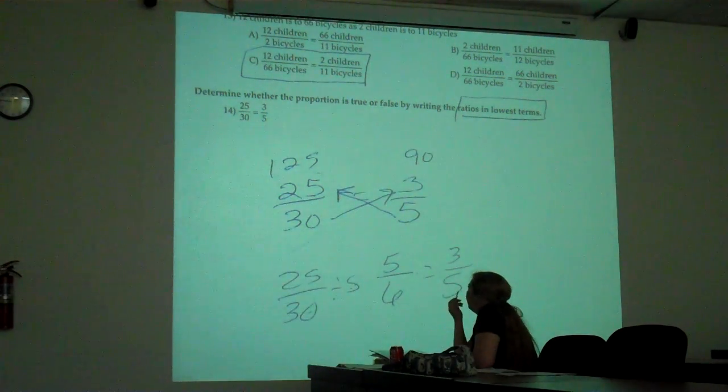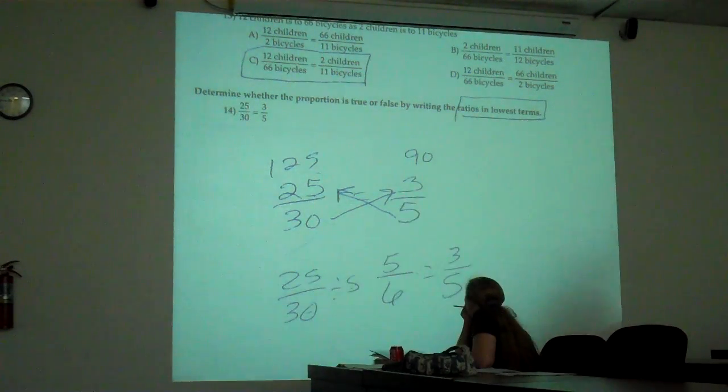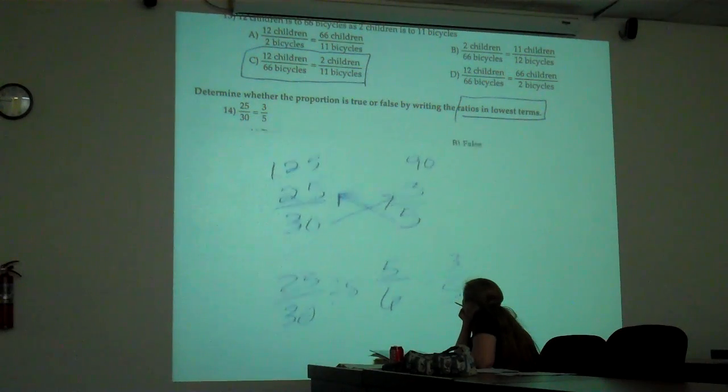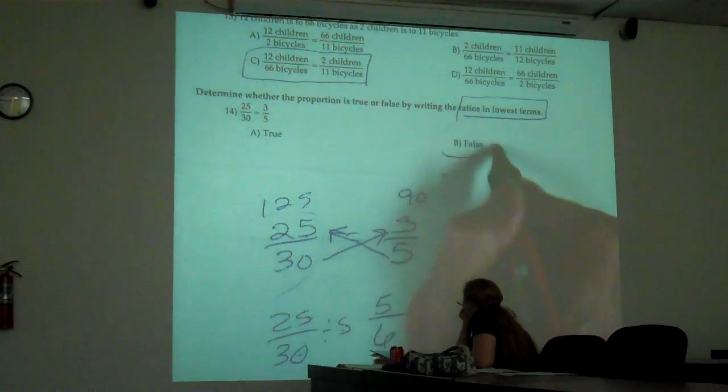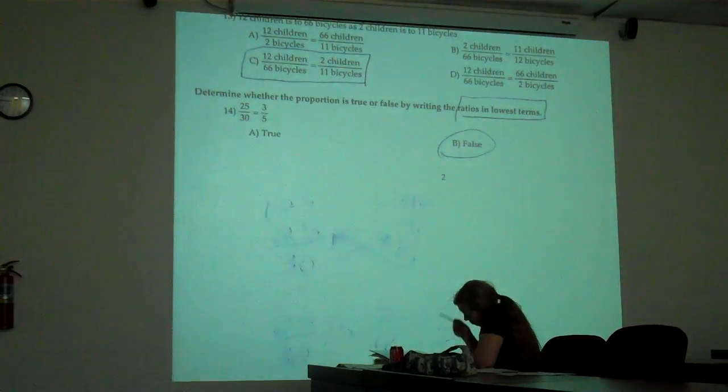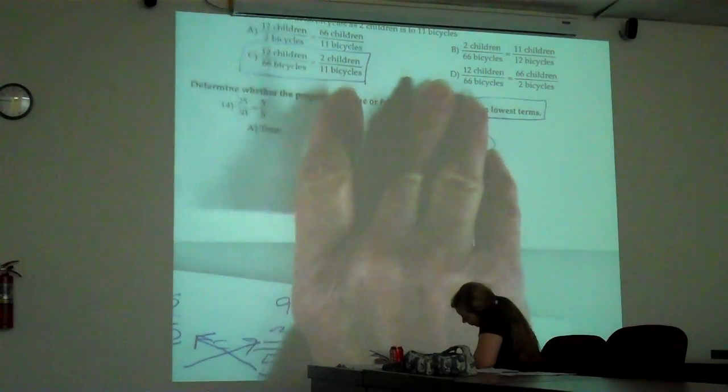You could have done it that way. It said to do lowest terms, but I'm just going to look at your answer. So do it either way you want. So it's not a proportion. You'll probably put no or whatever.